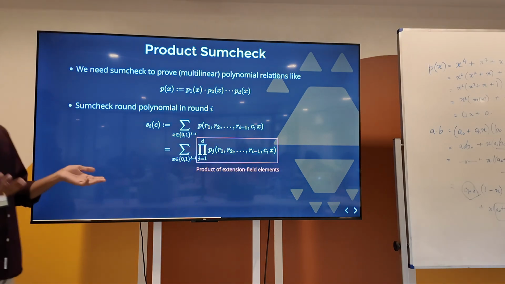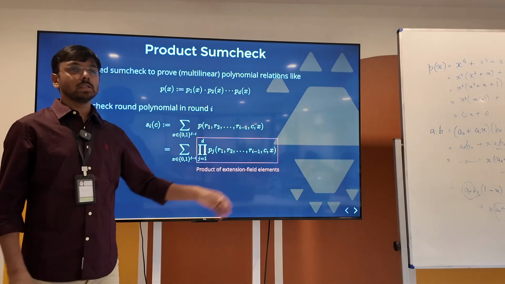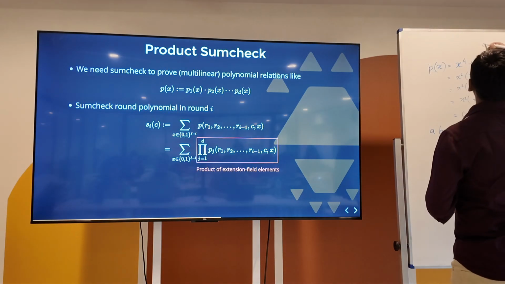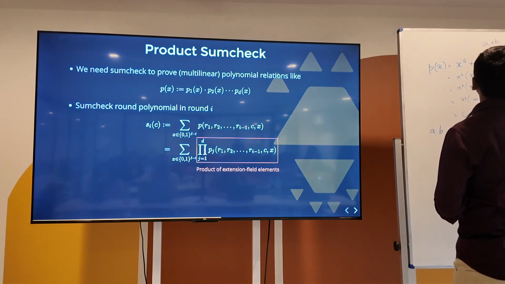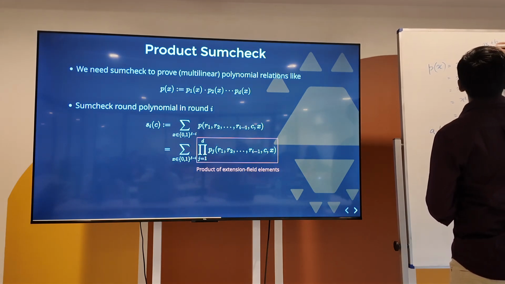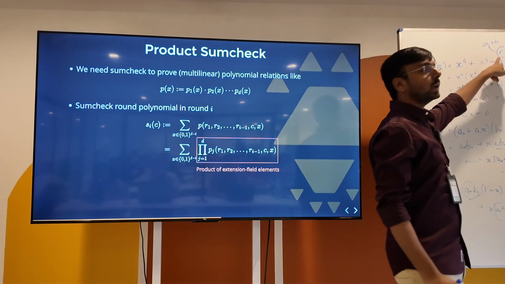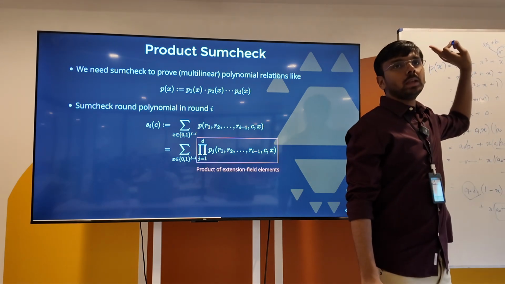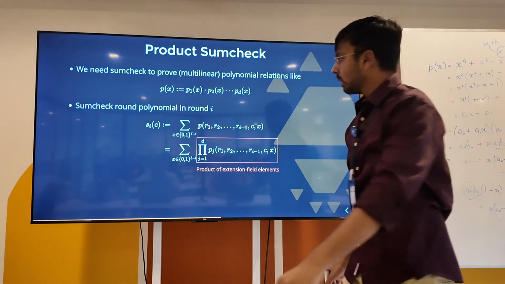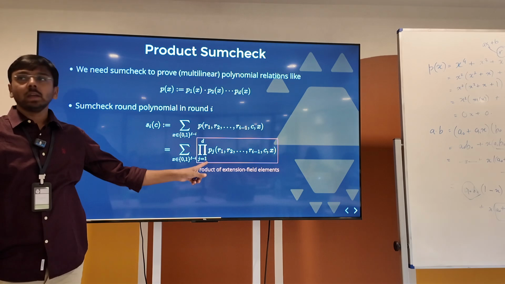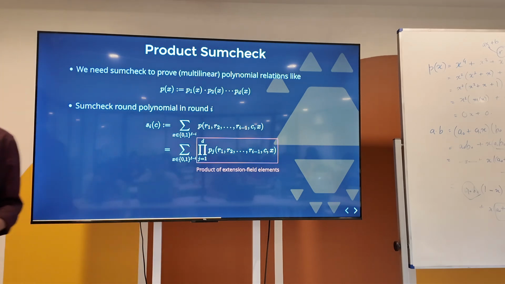So if you are evaluating a polynomial at extension field elements, let's say you have a simple polynomial ax plus b. Now if you substitute this with r, and this r is a very large number from the extension field, your result also is going to be in the extension field, right? So therefore, this box is a product of extension field elements.